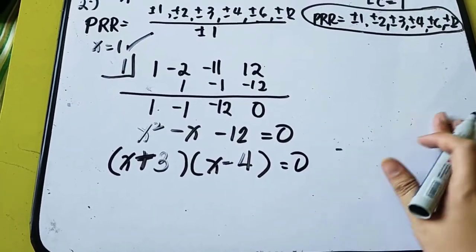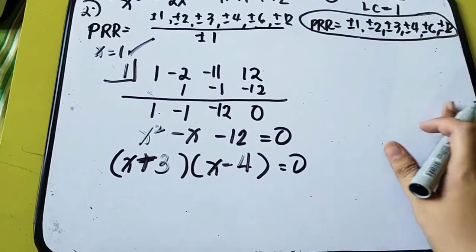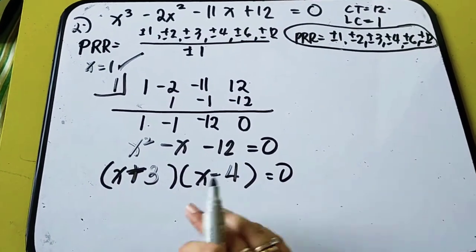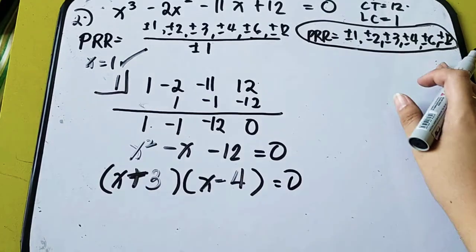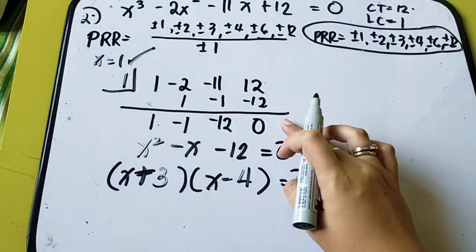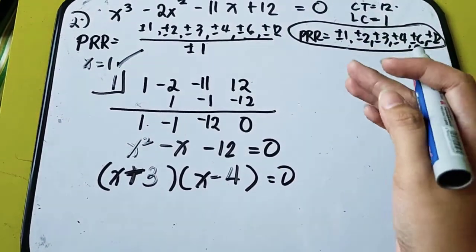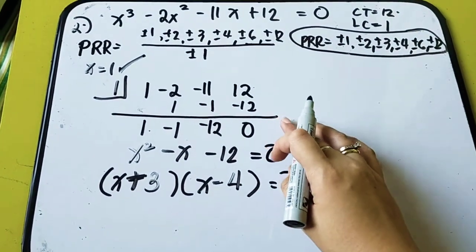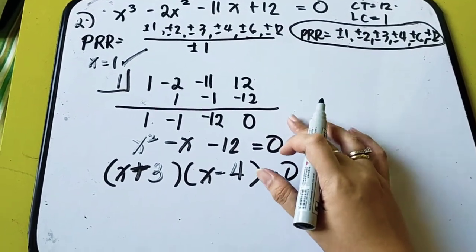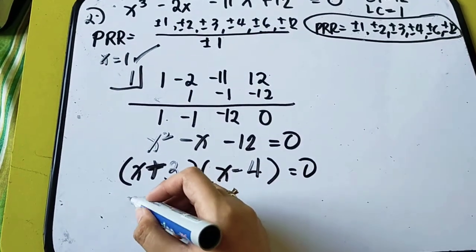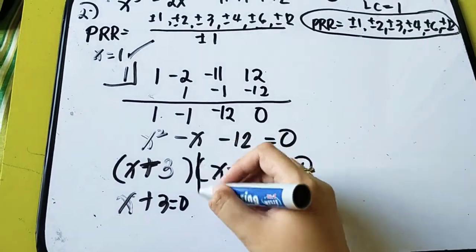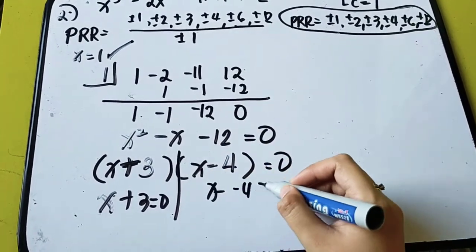Isip ka ng ganun. Pero kung di mo kaya mag-factors, pero syempre kaya mo dapat. Hindi mo kaya mag-factoring, magta-trial and error ka dyan, hanggang sa mapalabas mo yung tatlong zeros. Okay? Ang kanyang remainder ay 0. So, this one we have x plus 3 equals to 0. Solve tayo. X minus 4 is equals to 0.